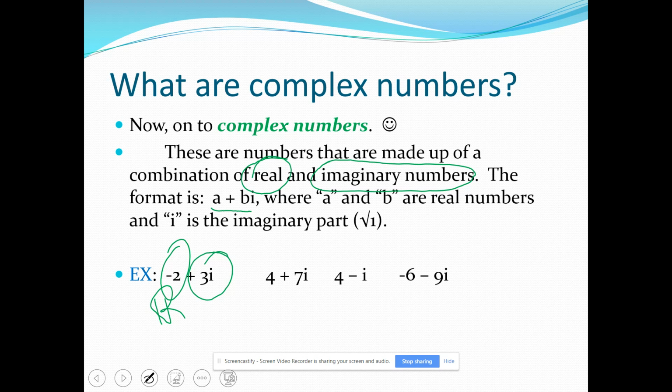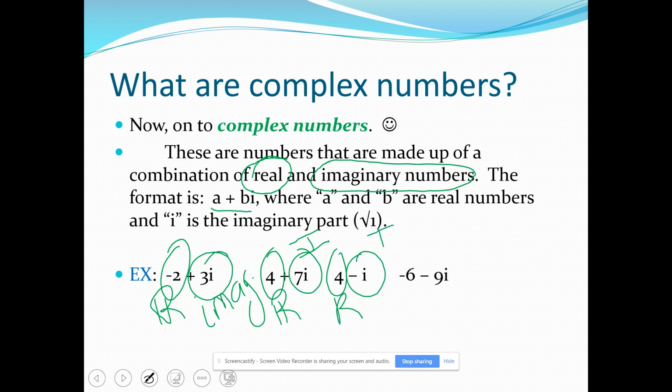The plus 3i is the imaginary number. Here we have the 4 is real, the 7i is imaginary, 4 is real, the -i is imaginary, the 6 is real, the -9i is imaginary.